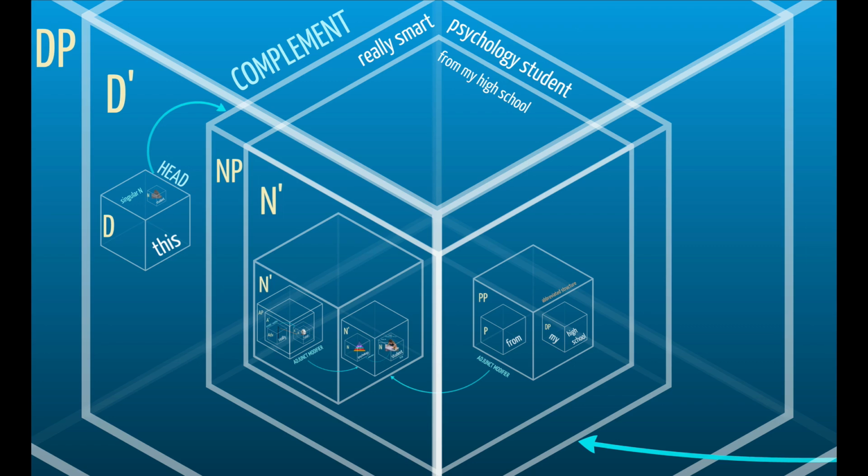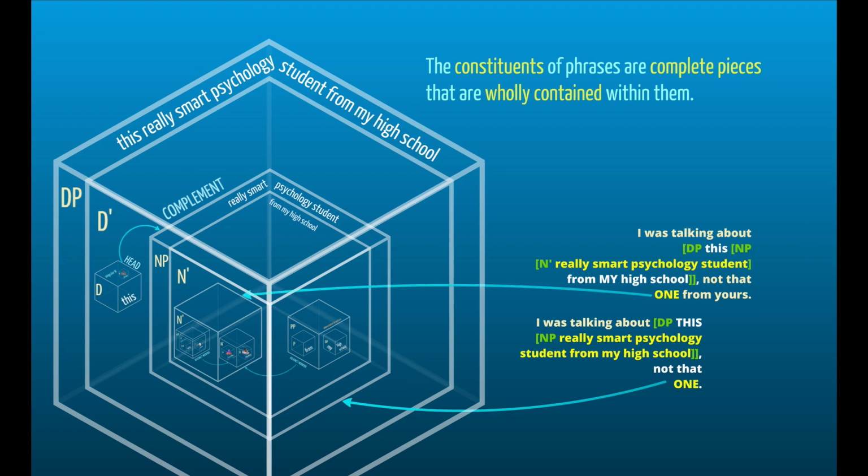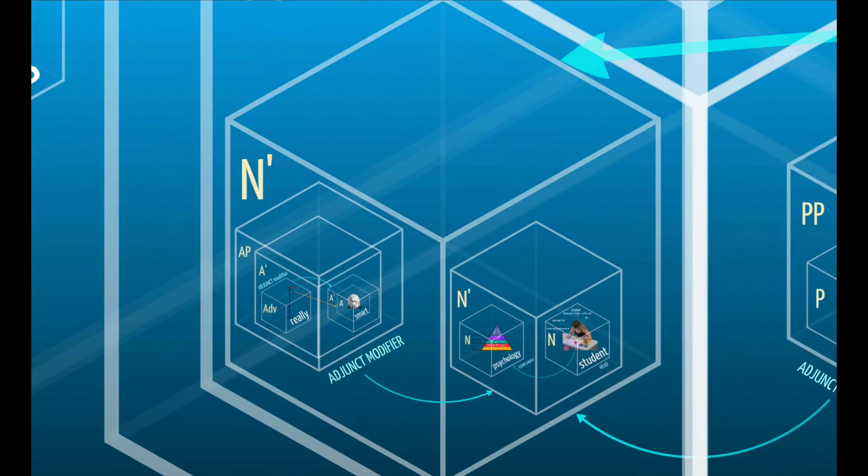Besides identifying whole NPs, one can be used in this anaphoric way to also identify N-bar constituents. In this same structure, for example, it can identify really smart psychology student as well as psychology student.